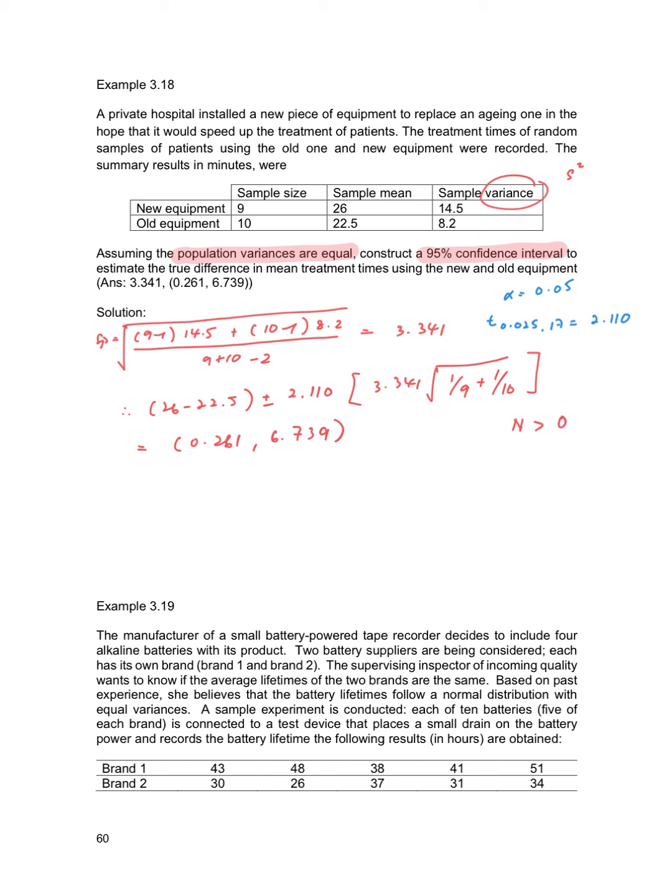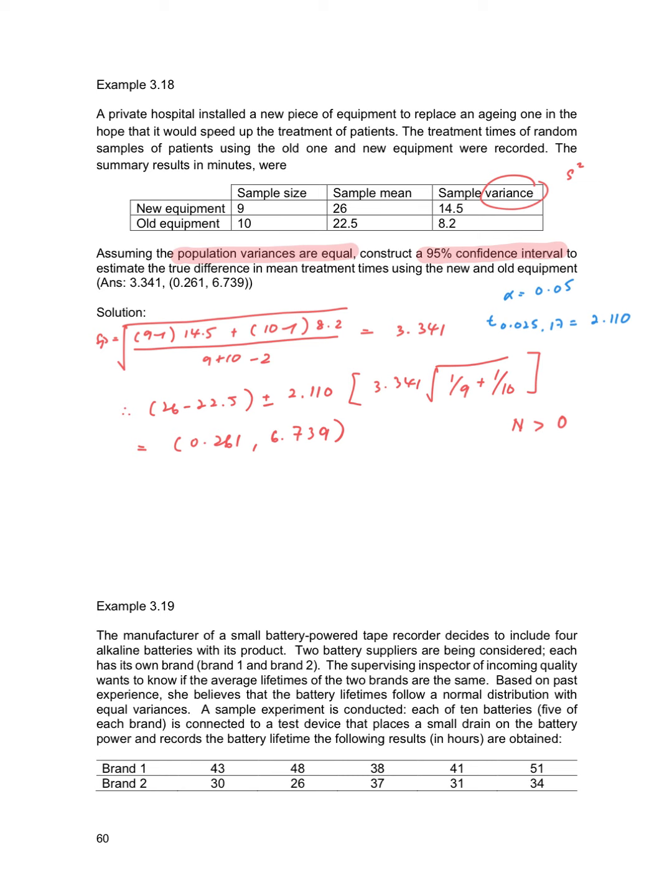Maksudnya the equipment does not speed up the time taken to treat the patient sebab confidence interval kita positif. Okay, meaning that time for new equipment is longer than time for old equipment.